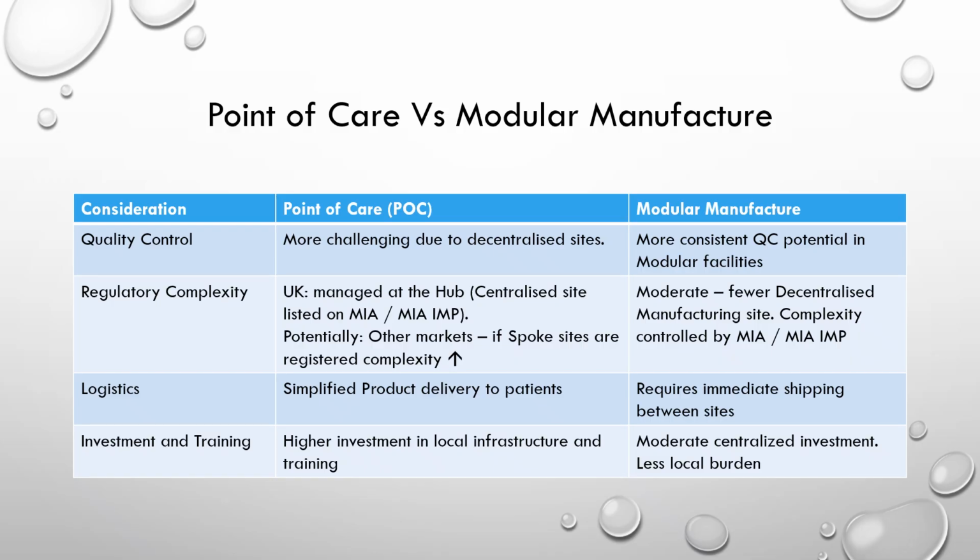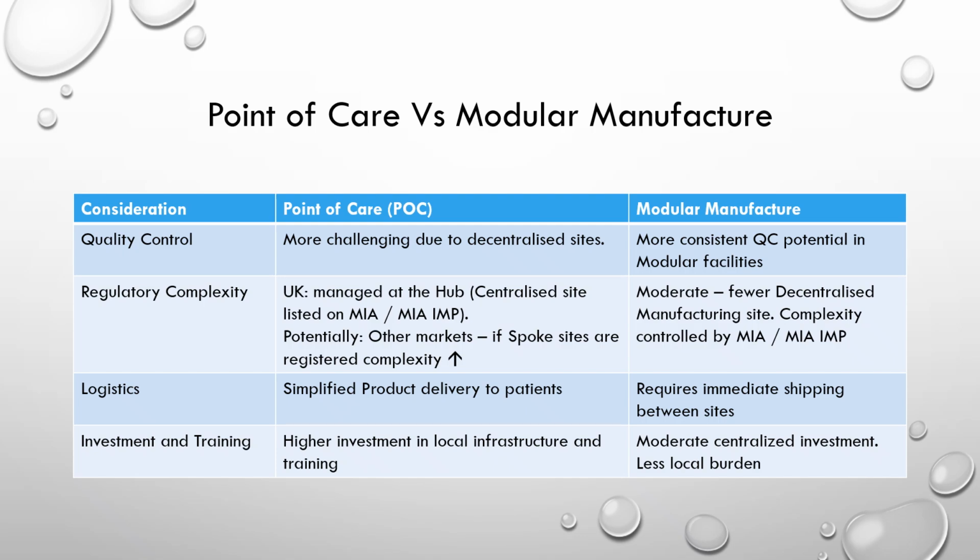So it's more complex if there are a lot more point of care sites. There's more to oversee for point of care compared to modular manufacture, where you would have fewer manufacturing sites, but the complexity is controlled by the MIA, the manufacturing authorization, or the MIA IMP.